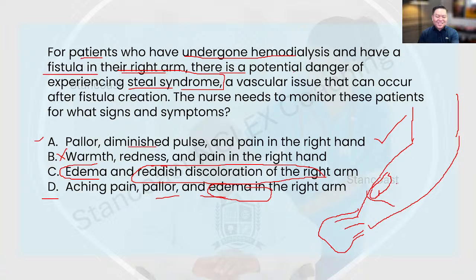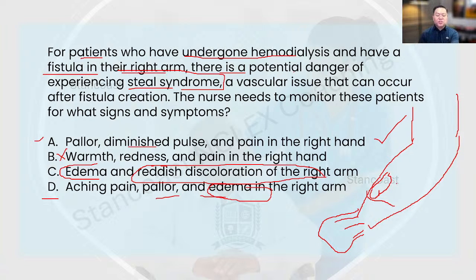So what's the test taking strategy here? You have to recall the condition that is involved, remember the mechanism of what the problem is, and make sure that you're also identifying the key manifestations of ischemia. Ischemia basically means that there is a lack of blood supply or oxygen supply to the site. So think about diminished pulses, pain, and also decreasing color, pallor, paleness.